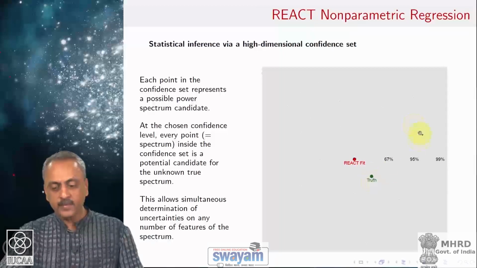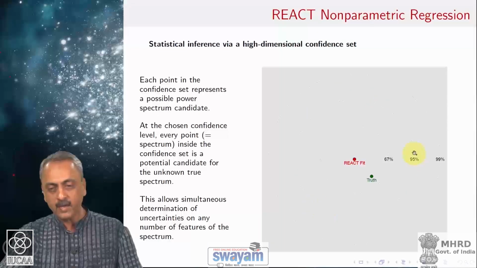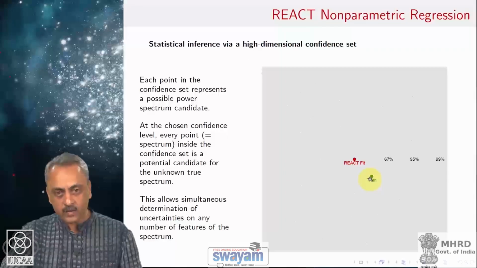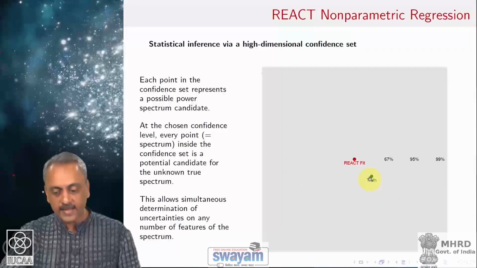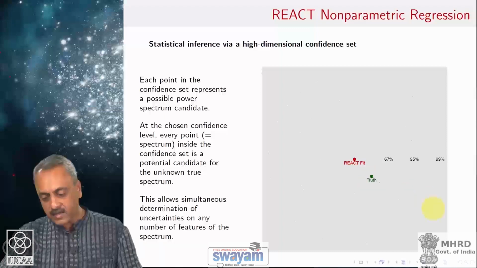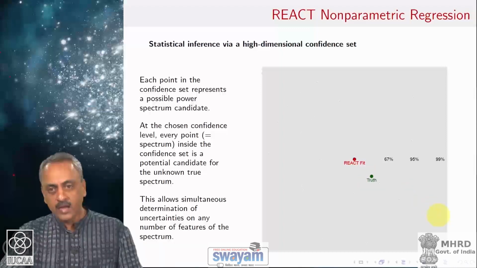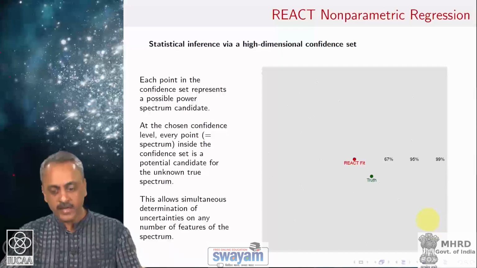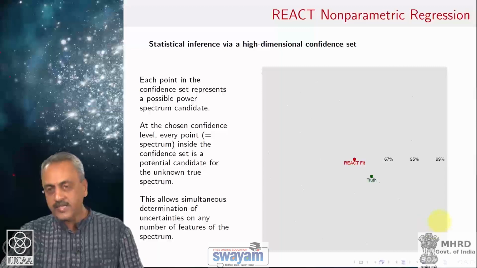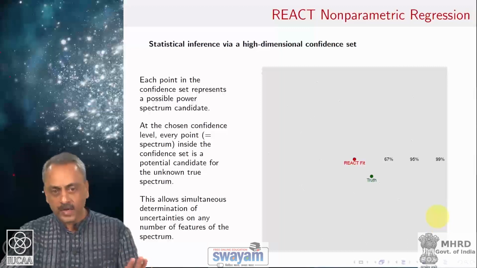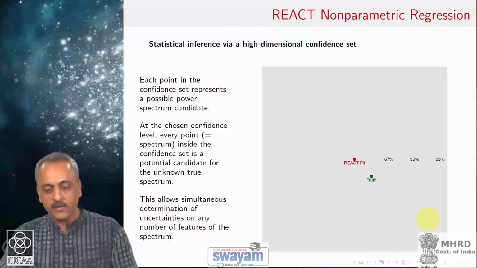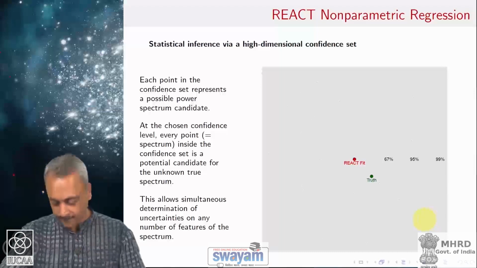What this means is, at the 95% level, you cannot rule out this point as a potential candidate for the truth. It is in the game. But if it was sitting somewhere here, for example, at the 95% level, you would have said with 95% confidence that this is not likely to be a candidate for the unknown truth. So, you can make these kinds of statements using this method.